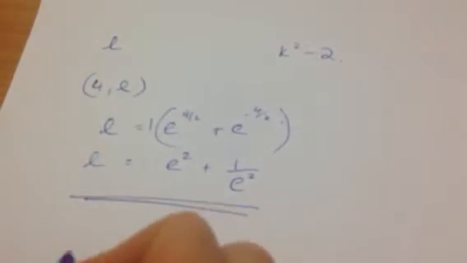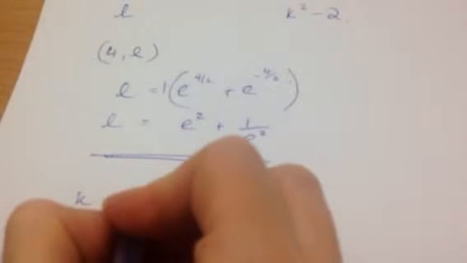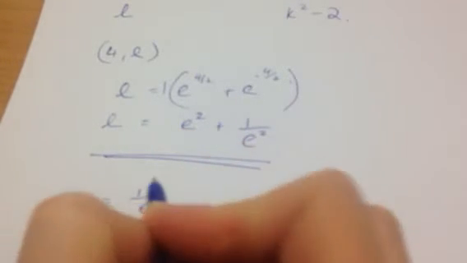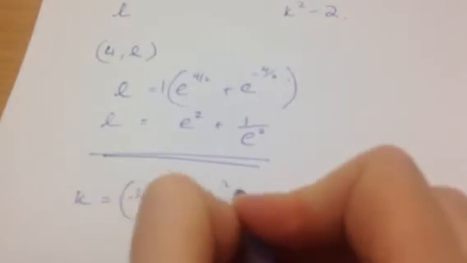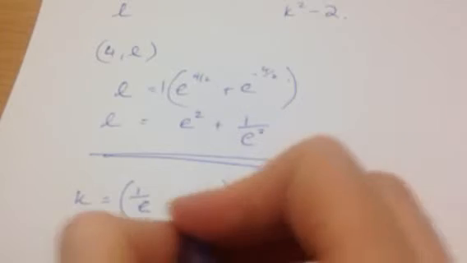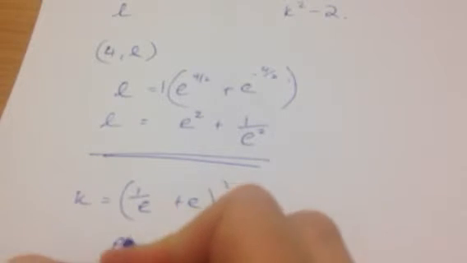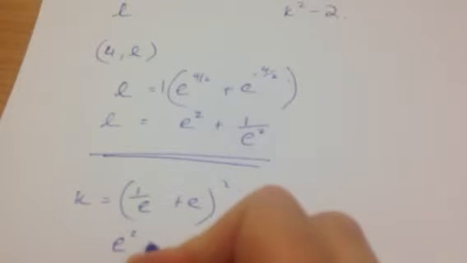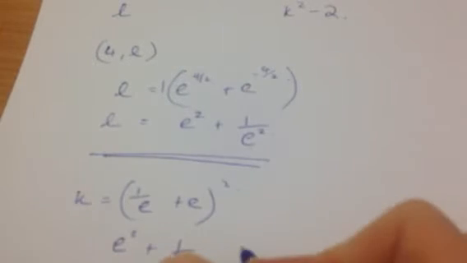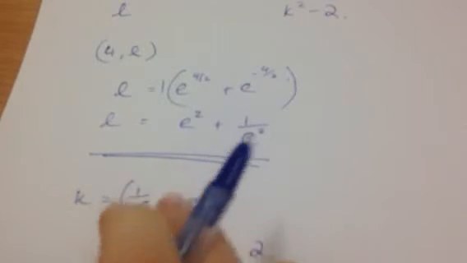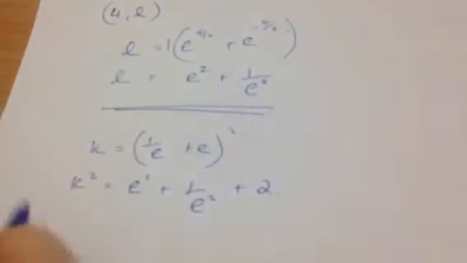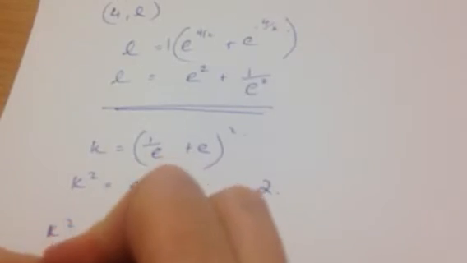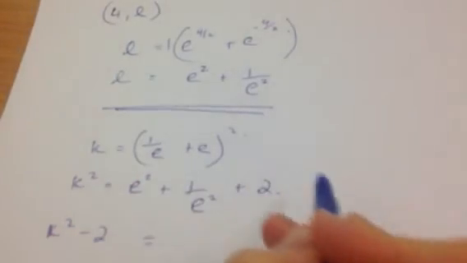Now they want me to show that L is the same as k squared minus 2. Well, k I have in part 3, so this is where I'm going to use the previous part. So if k is equal to 1 over e plus e, well, what about k squared? I can just square that. K squared is, take that to the side, work it out, you end up with (e to the power 2 plus 1 all over e to the power 2) plus 2. So carefully square that out, multiply it by itself. That's k squared. And then if you want k squared minus 2, I'm just subtracting 2 from the k squared here.